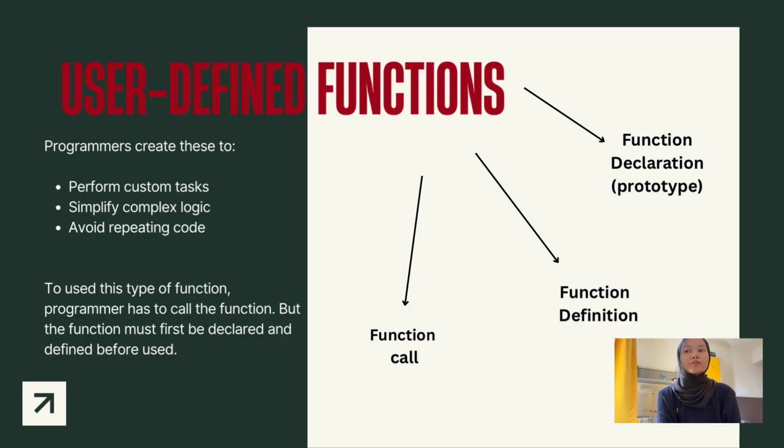Programmers create these to perform custom tasks, to simplify complex logic and avoid repeating code. To use this type of function, the programmer has to call the function, but the function must be declared first before use. There are three parts of a user-defined function, which are function declaration, function definition, and function call.